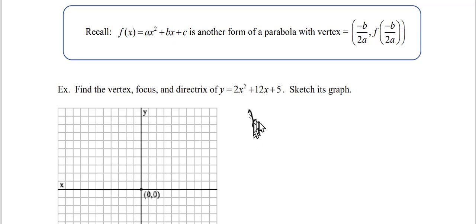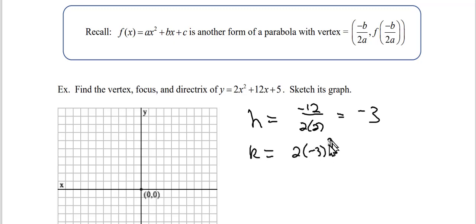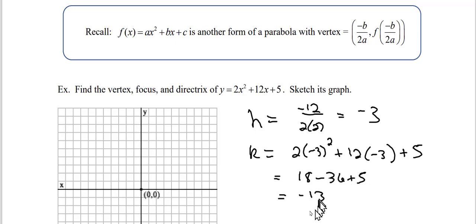The h at least will be -12 over 2 times 2, which is -12 over 4, which is -3, and then k will be 2 times -3 squared plus 12 times -3 plus 5. What is that? 2 times 9 is 18 minus 36 plus 5. That's going to be -13. The vertex is (-3, -13).